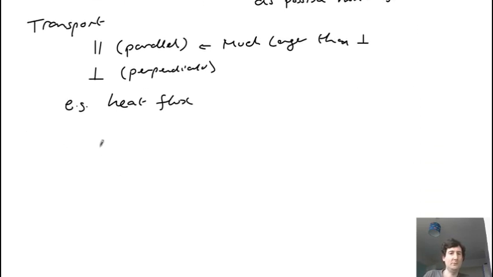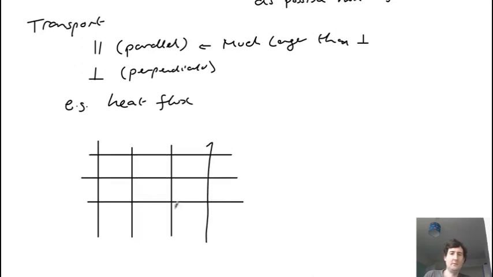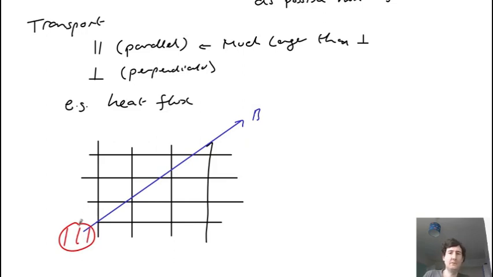We could draw a simple picture to try and explain this. We have a grid like this, and then we have a magnetic field which is, say, like that. So it's at some kind of angle across the grid. Then we have some kind of high temperature, a temperature source here, and a sink over here, for example. So we have heat flow in a narrow tube down this field line. If you're on a grid like this, then heat fluxes are essentially through grid cells and through cell edges.